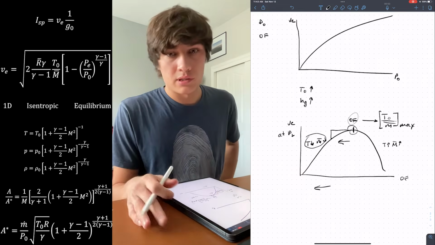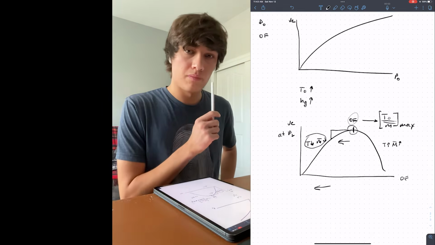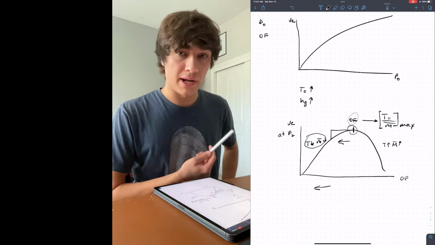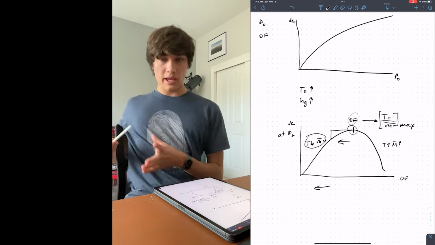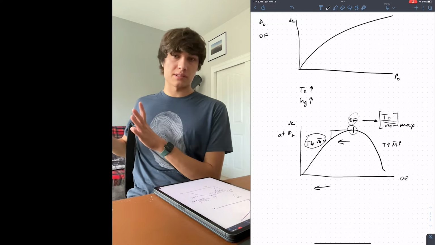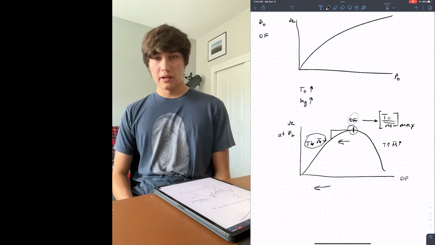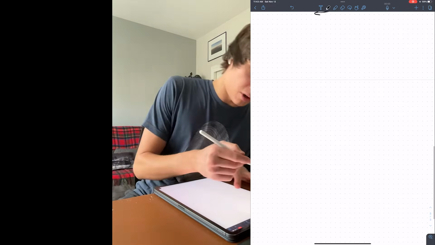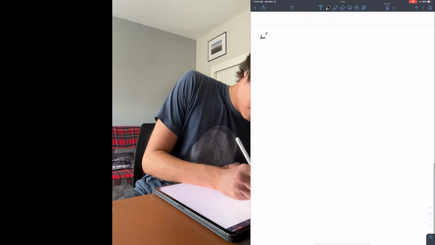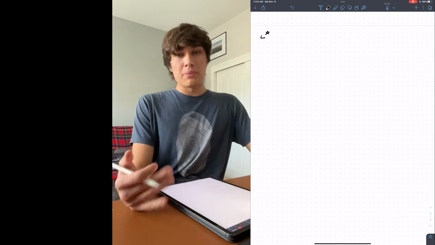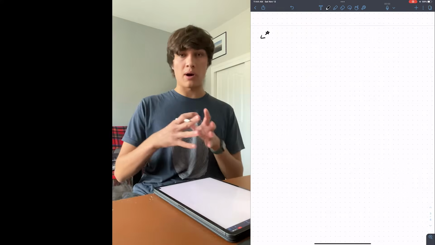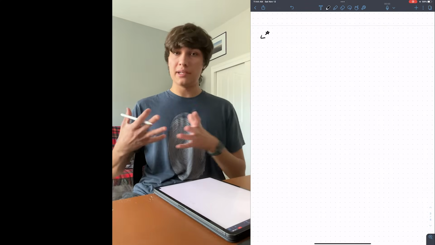Okay, the last two things that I want to talk about are some other parameters of the rocket engine that matter for sizing, how to make the contour, and then how heat flux varies throughout the engine. So to size the engine, you will need a parameter called L star. It's characteristic length. This is an empirically derived coefficient that tells you how big the combustion chamber should be for any given chemistry.